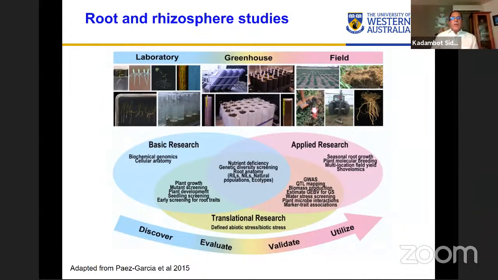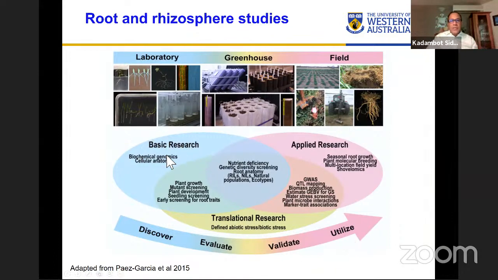Now, we can look at the root and rhizosphere. The rhizosphere is the area surrounding the root in the soil. There are different approaches. We can have laboratory, we can have greenhouse. Ultimately, both Dr. Rao and myself believe in validating that under field conditions. If you look at the bottom part, you discover, you evaluate, you validate, and you utilize.